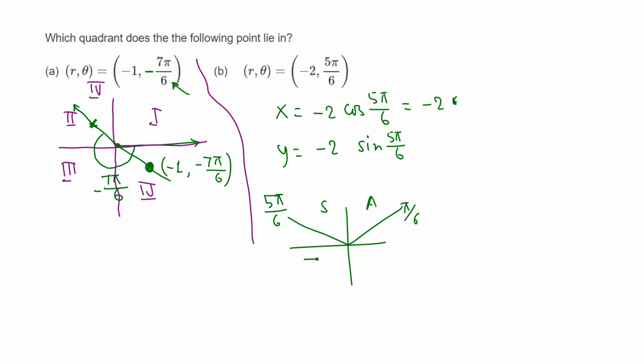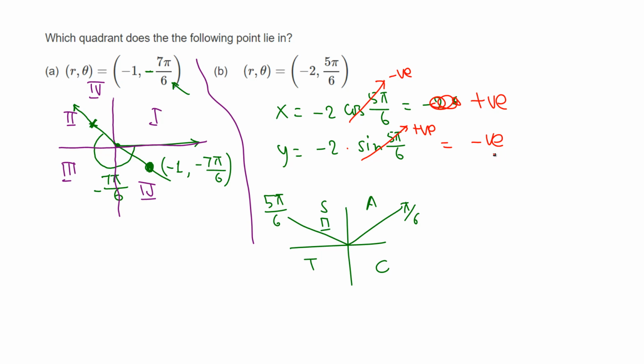All students take calculus. So in the second quadrant, sine is positive and cosine is negative, so it's a negative value. So negative times negative 2 gives a positive value. And here sine is positive, so positive times negative is negative. So x is positive and y is negative.